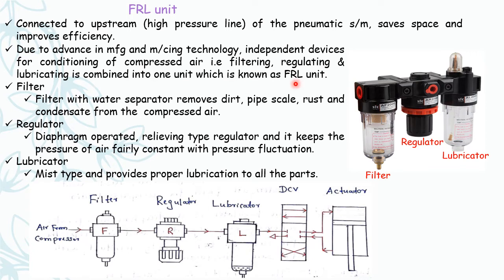So what is the function of filter, regulator and lubricator? So what filter does? Filter, with water separator, removes dirt, pipe scales if any scales are present, rusting and condensate from the compressed air.